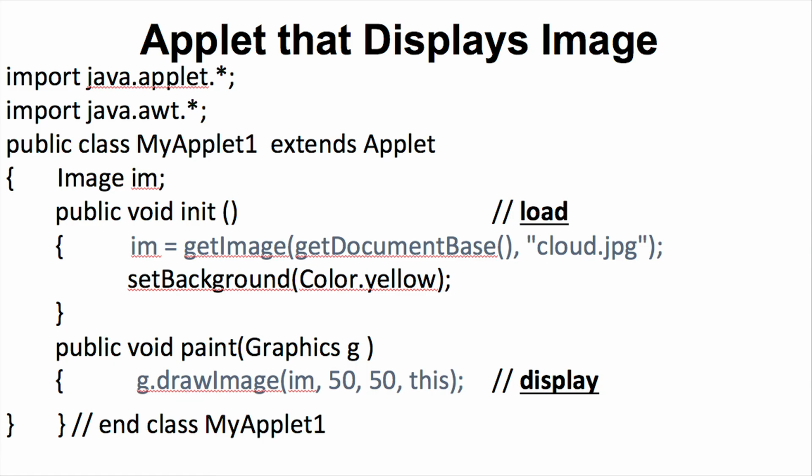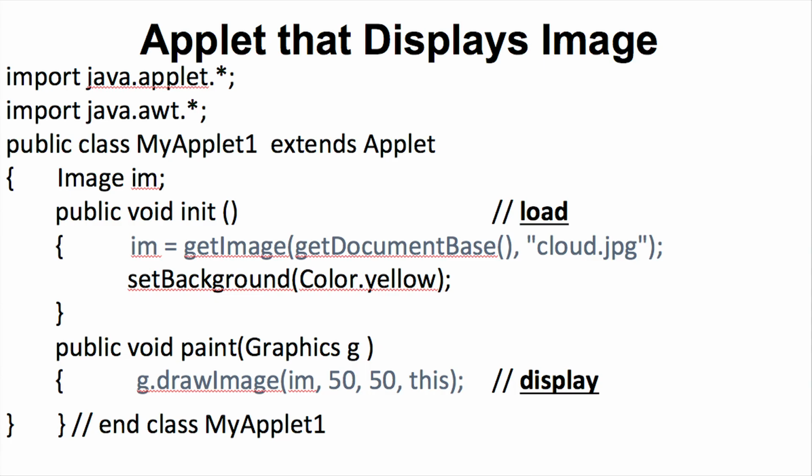Now, finally see this load and display example. Here we are displaying an image, an applet that displays an image. Import java.applet.*, import java.awt.*, public class myApplet, extending again from the Applet class.